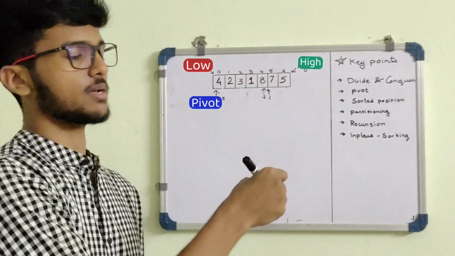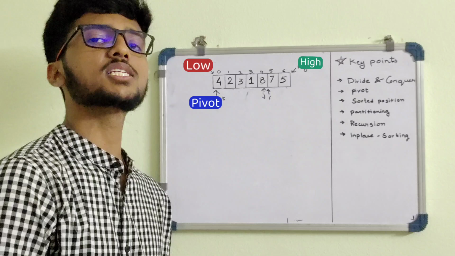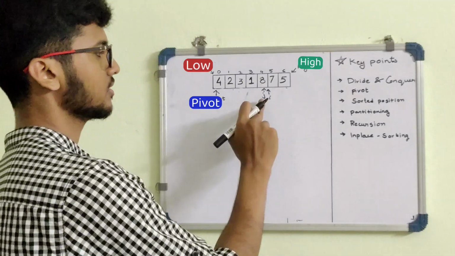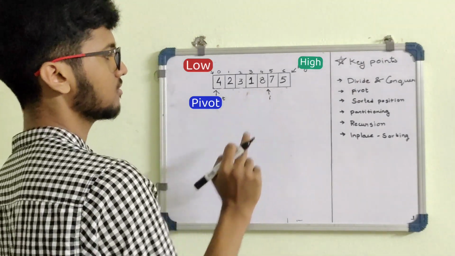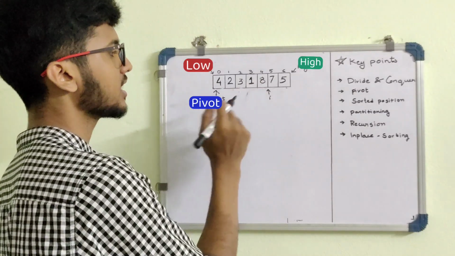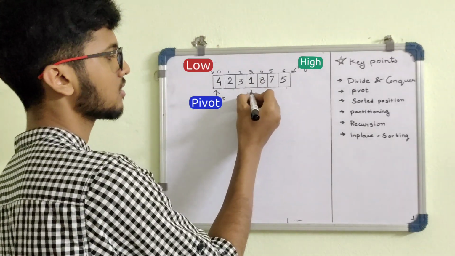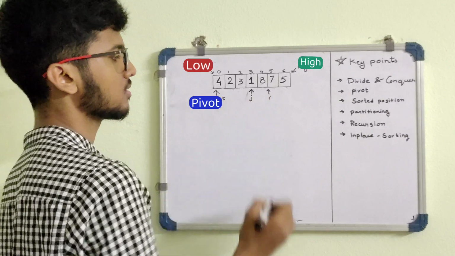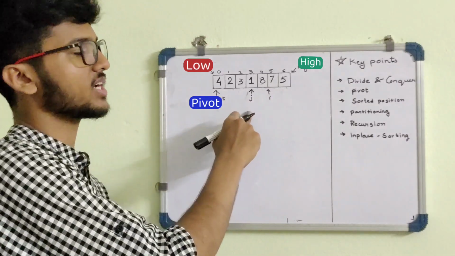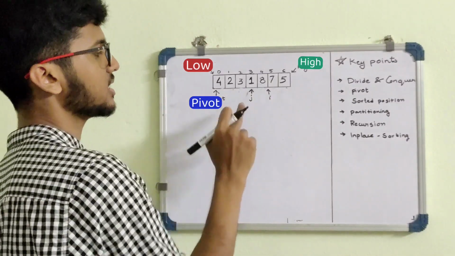Now it is greater than the pivot element, so stop incrementing i. Now start decrementing j. j is greater than the pivot element, so decrement j. j is not greater than the pivot element, so we stop decrementing j.